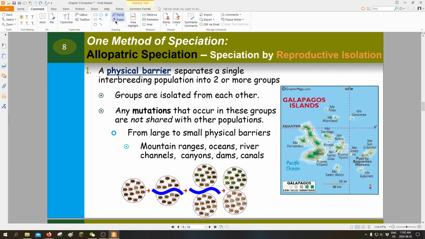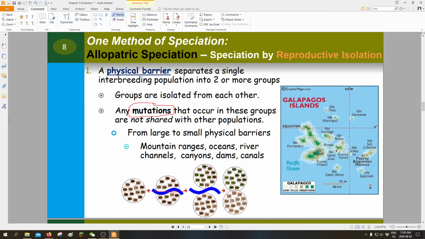The first part of allopatric speciation says there's going to be a physical barrier that separates a single interbreeding population into 2 or more groups, and you can see that on the bottom here. Why is that important? If they are isolated from one another, any mutations, which you might remember from last week, that occur in these groups are separate and not going to be shared with one another.